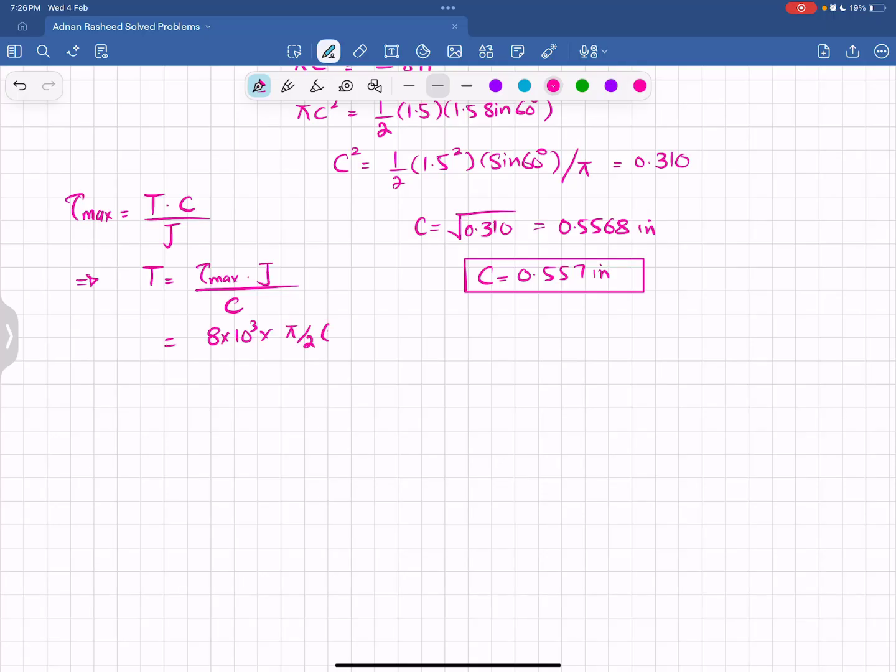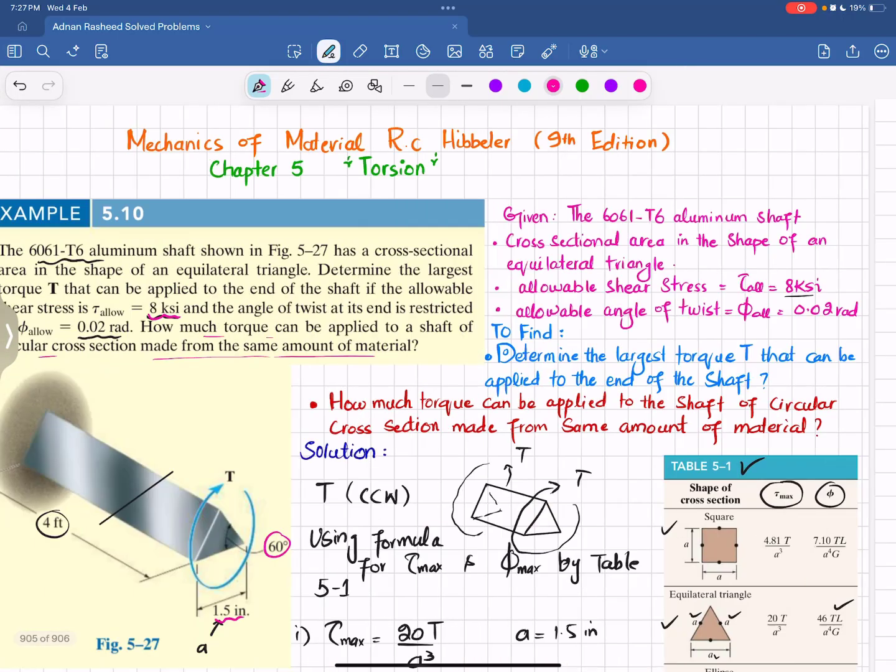So C is 0.557. Clear? Power 4. Divide by this C, 0.557, will give you the allowable torque. Okay, so let's calculate it.